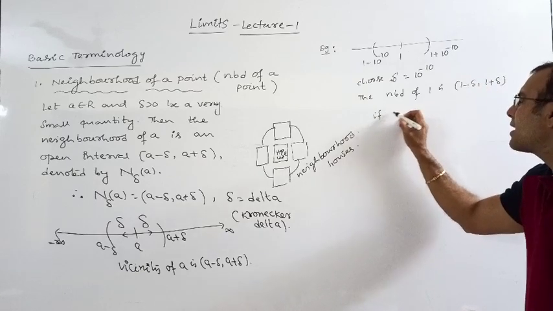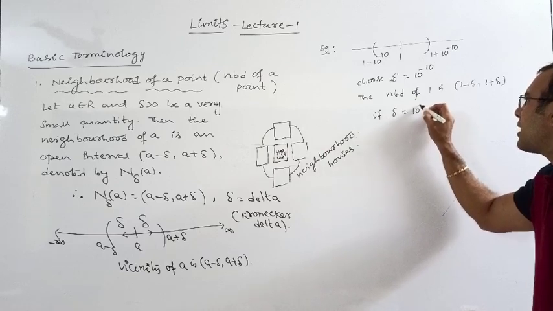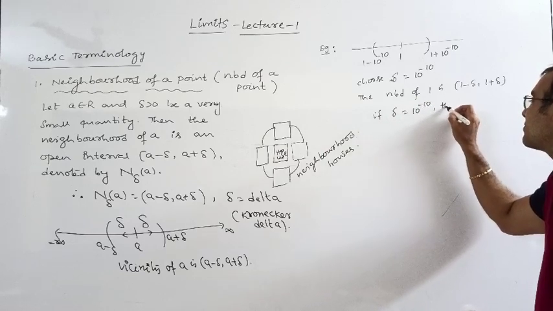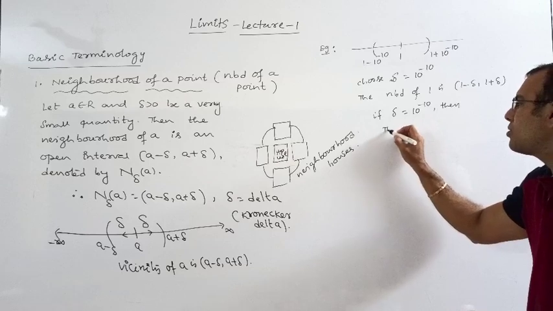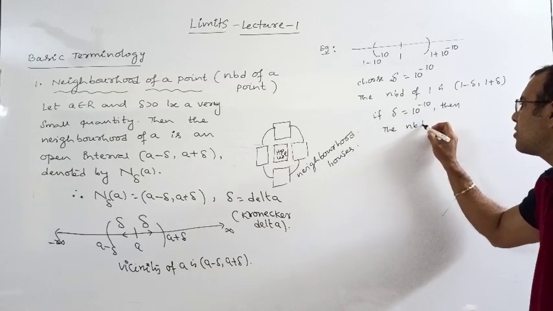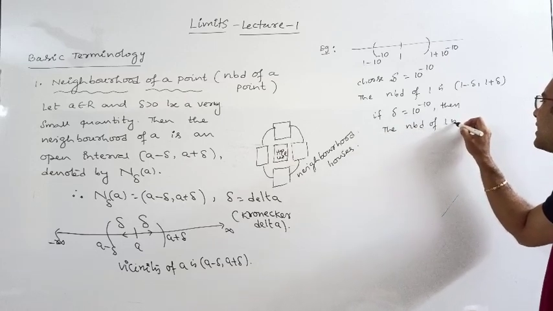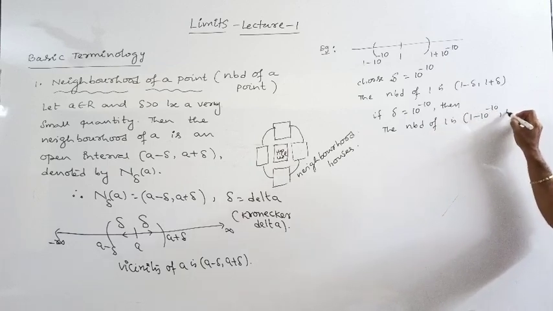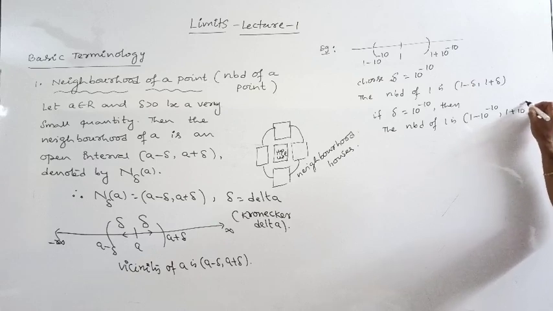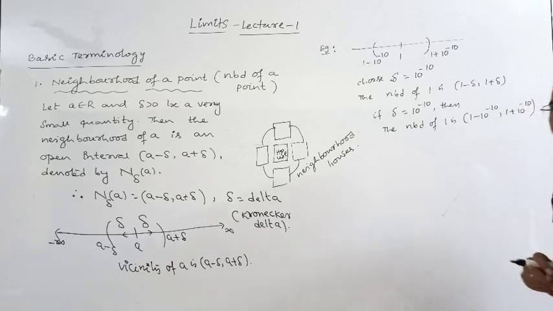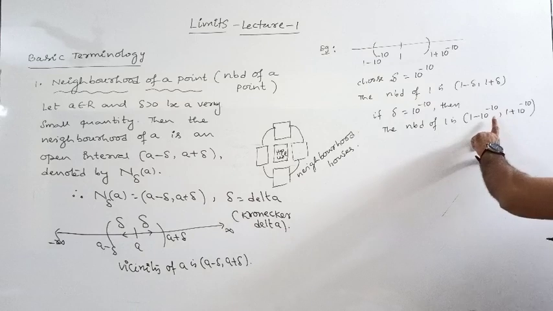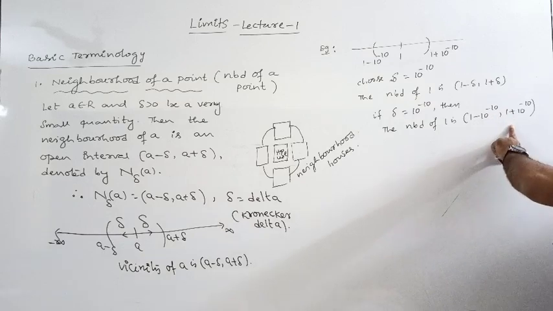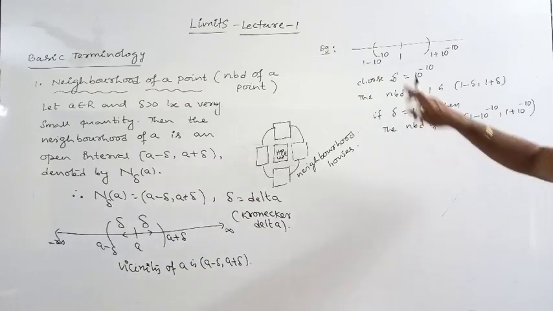If delta equals 10 to the power of minus 10, then the neighborhood of 1 is 1 minus 10 to the power of minus 10 comma 1 plus 10 to the power of minus 10. Whatever points you take in this interval, they are very close to 1.